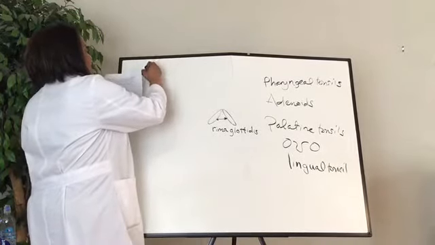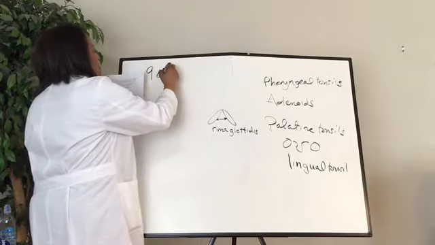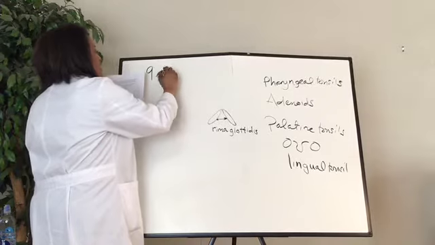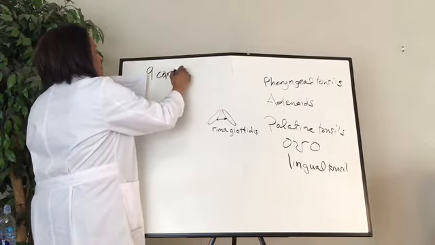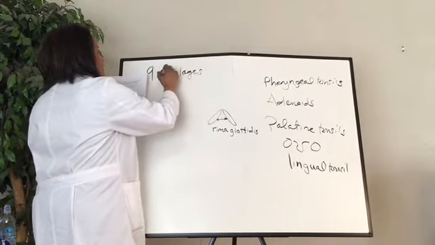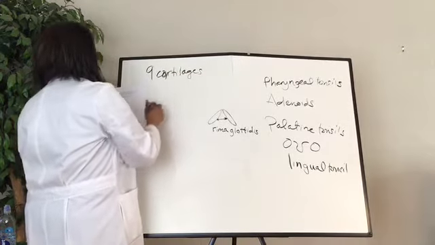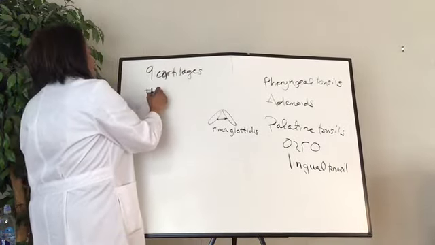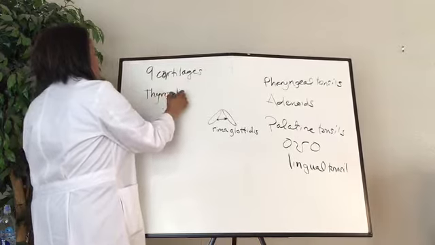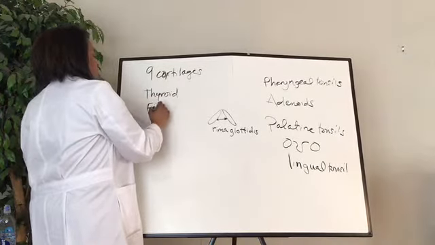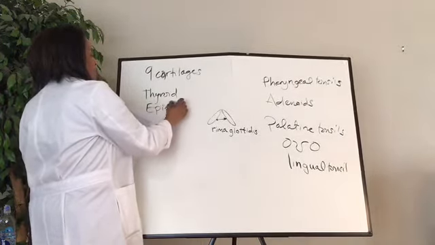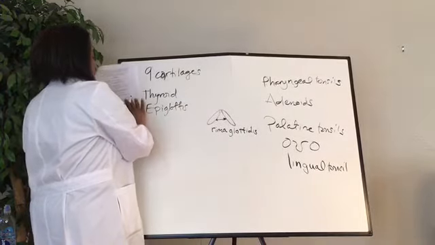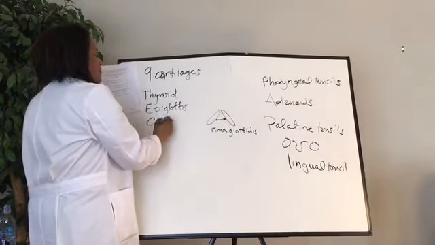So we've got 9 cartilages, okay? You have the thyroid cartilage, the epiglottis, and the cricoid.